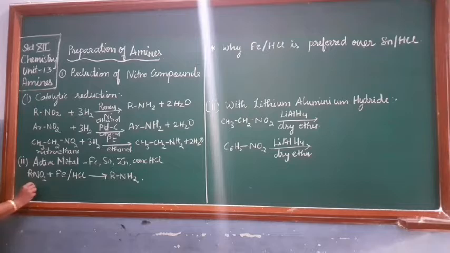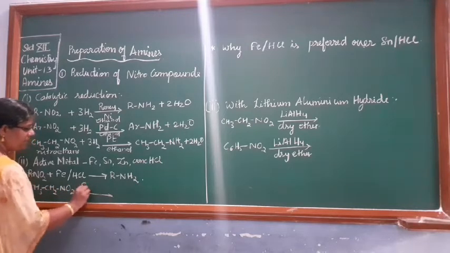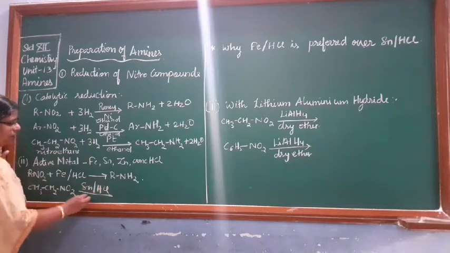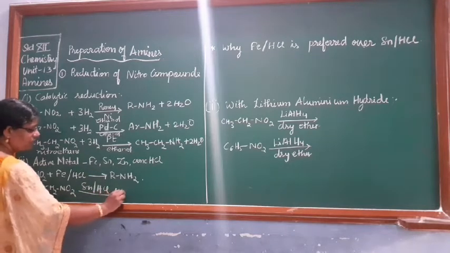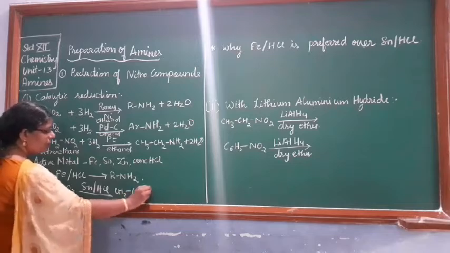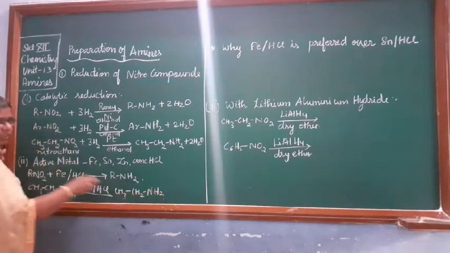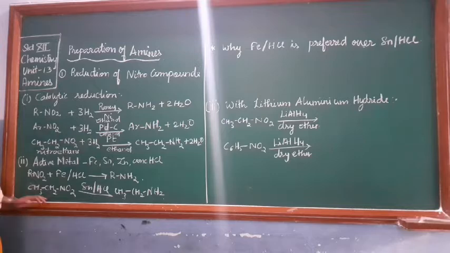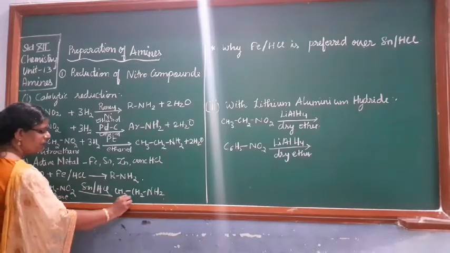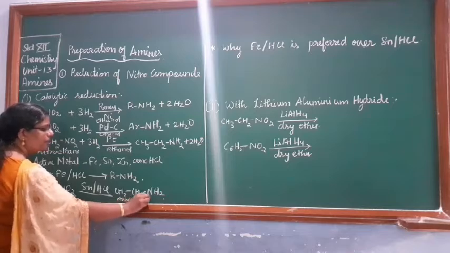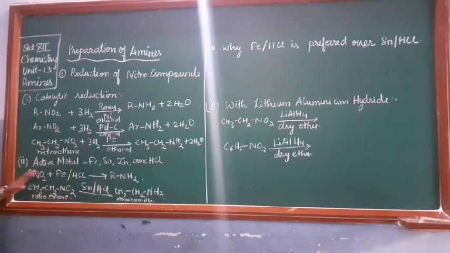Or you take an example, CH3CH2NO2, with Sn, HCl will give you CH3CH2NH2. This is nitroethane, and this is ethanamine. So you can write down the names of the compounds.